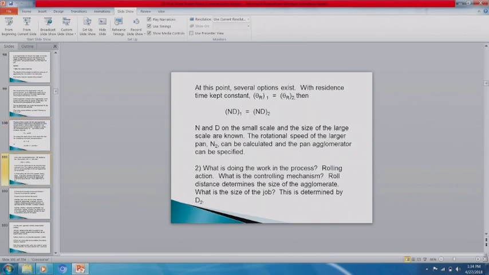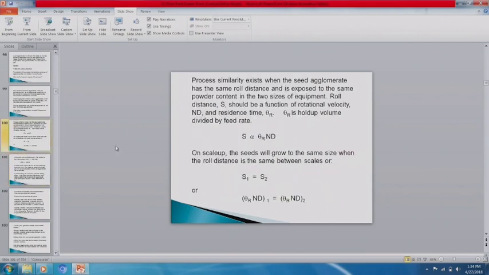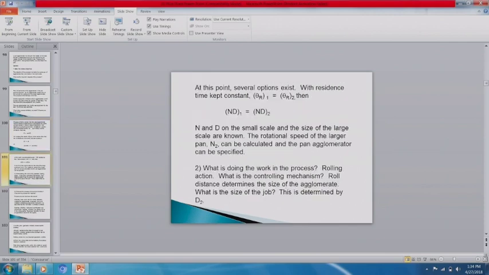I'm going to keep the same residence time. This is a statement that the feed rate on scale up is going to go up proportional to the volume. Anyway, if I cancel out the residence times, I'm left with N1 D1 equals N2 D2. On small scale and the size scales.